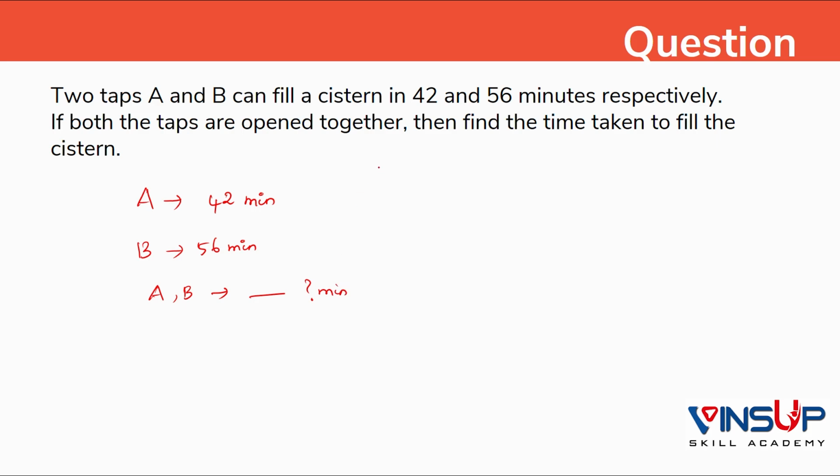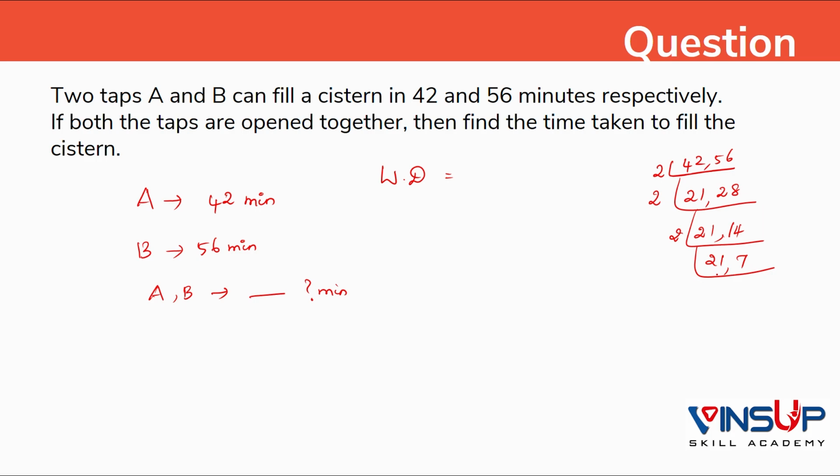So for that, first we have to find the work done. To find work done, we have to find the LCM of 42 and 56, right? First we will go with 2 table: 21, then 28. Then again 2 table: 21 will not go with 2 table, so we keep it as it is, 21. Next 28, 14 times. Again 2 table: 21, 7 times.